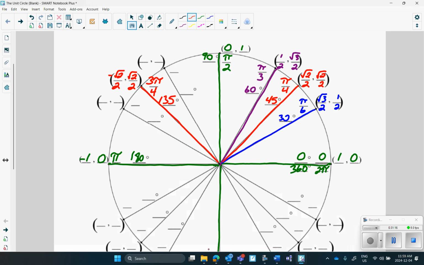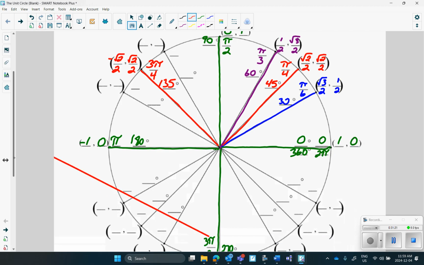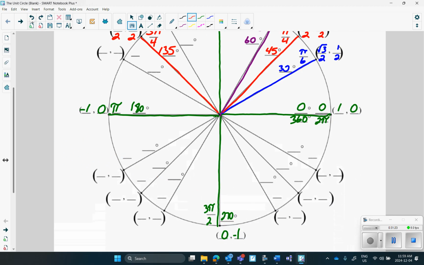Let's take the related angle in the third quadrant, which would be this one. How much is it from here all the way around to there? Well, it's 180, and then it's another 45. 225 degrees.